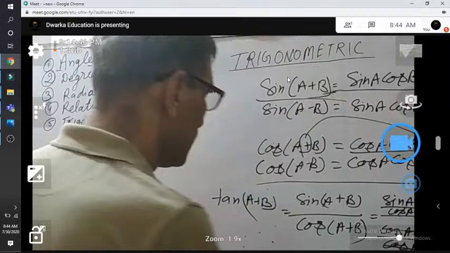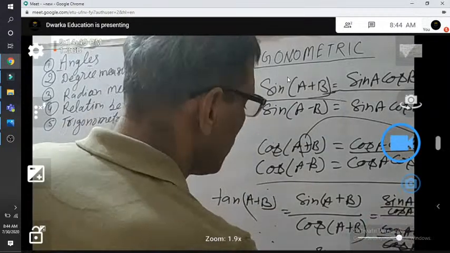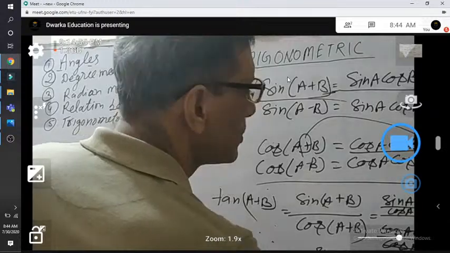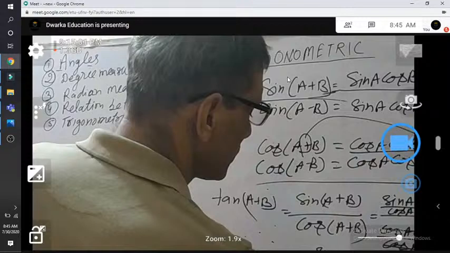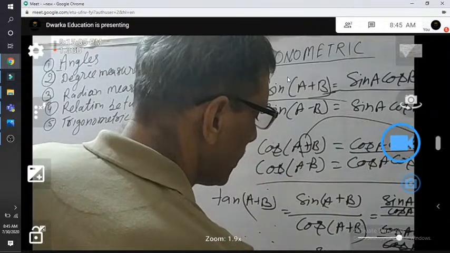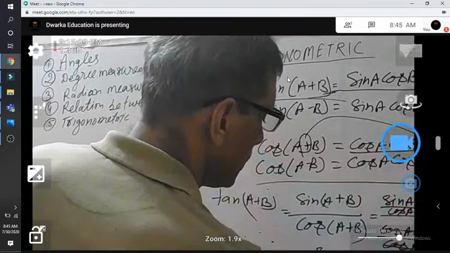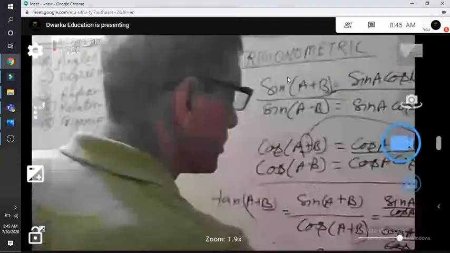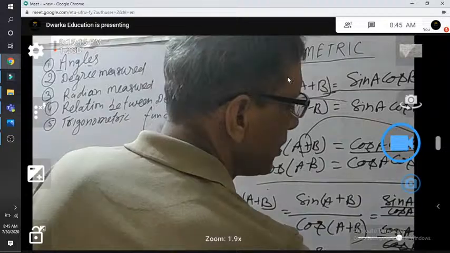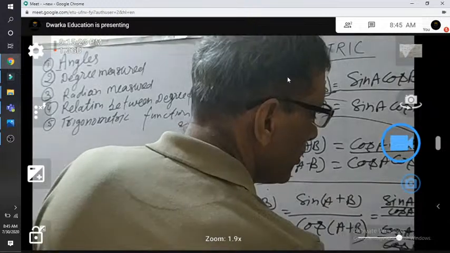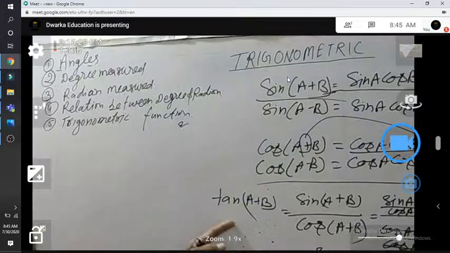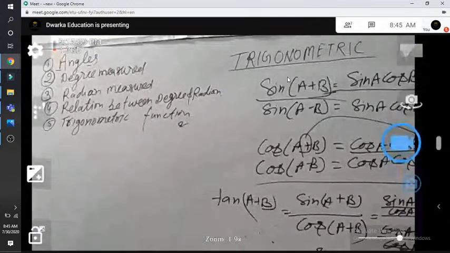And this result became sin A by cos A plus sin B by cos B, all upon 1 minus sin A by cos A times sin B by cos B, and we can write this as tangent A plus tangent B upon 1 minus tangent A tangent B. This is the result of tangent A plus B, and we can find out these two, sin 2A, cos 2A and tangent 2A also.